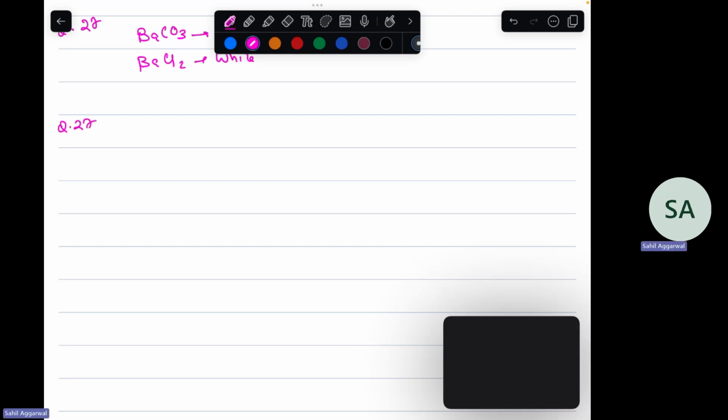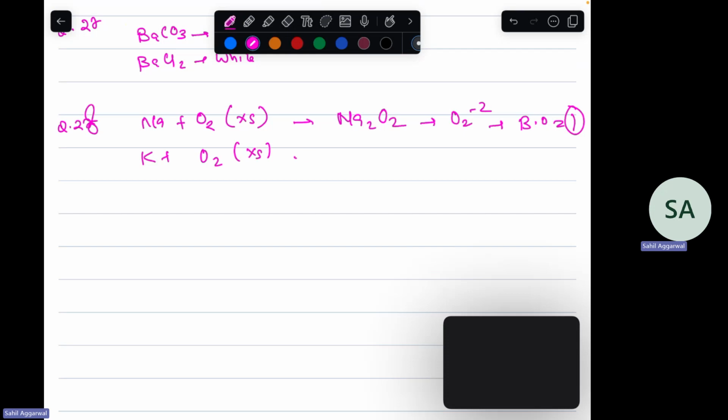Then 28, sodium plus oxygen in excess gives sodium peroxide. That is O2 2 minus. Here bond order would be 1, and K plus O2 in excess gives KO2, which is O2 minus. Bond order would be, 17 electrons, it would be 1.5.